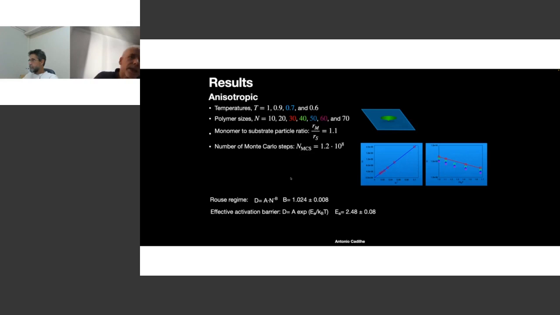I even have here the exponent and the error bar associated with it. Very, very good precision on that. So changing the size of the monomer relative to the substrate particle does not change the behavior of the diffusion coefficient with size of the polymer.